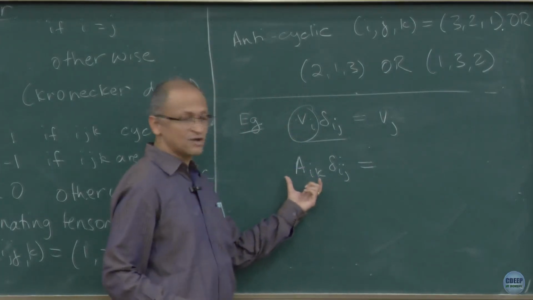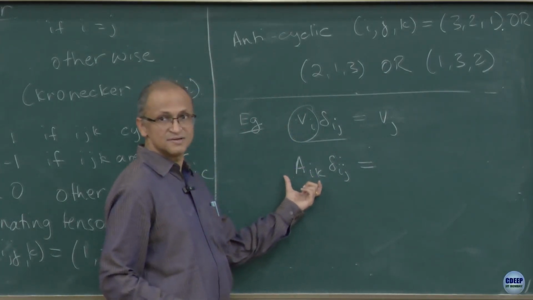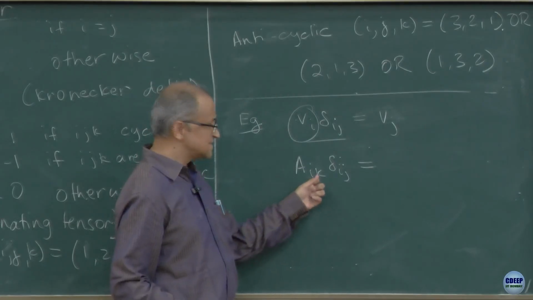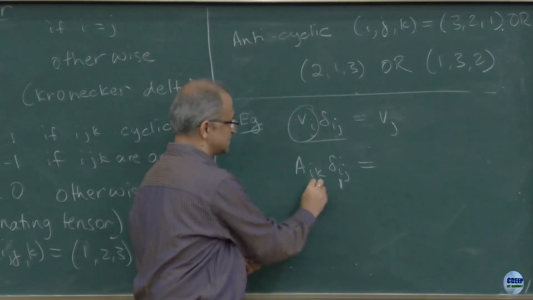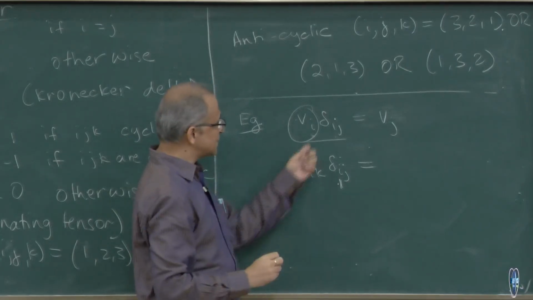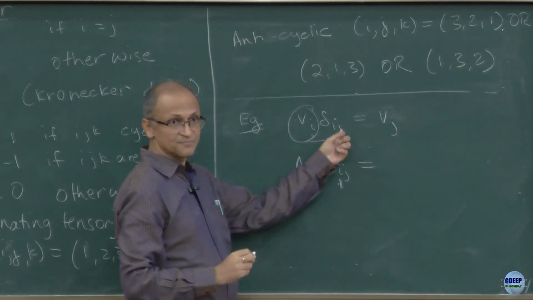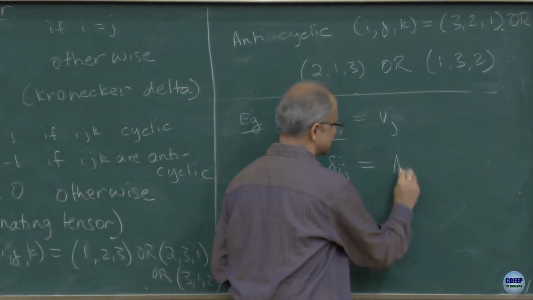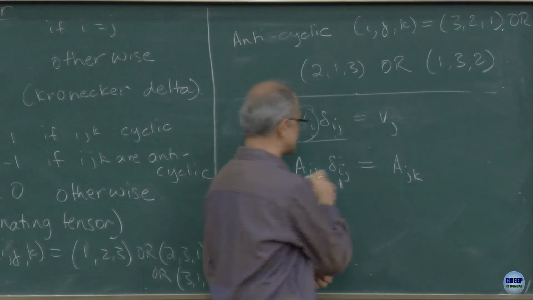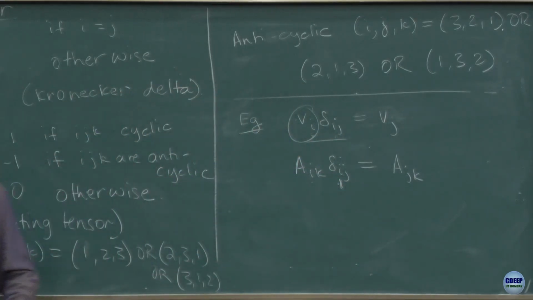So just like here, this I was common, here this I is common, and I am replacing it with j. The same thing I'm going to do here. So this I is going to become simply Ajk. K does not change anything, so it stays as such. This is a very nice simplification that I can get.